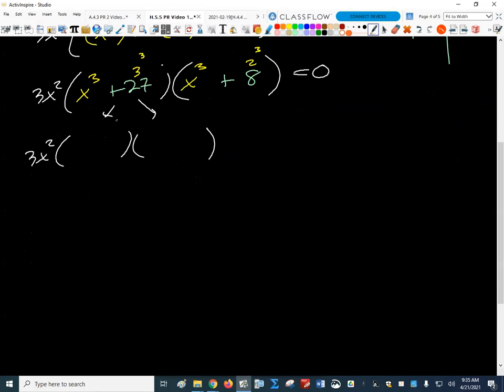We can break this up using our sum of cubes pattern. So see if you can tell me what that's going to be. What's the linear factor going to be for my sum of cubes in this case?